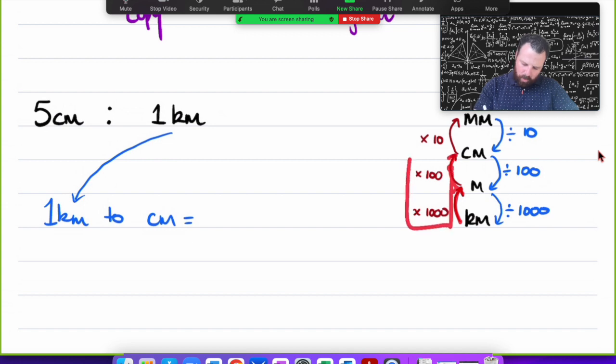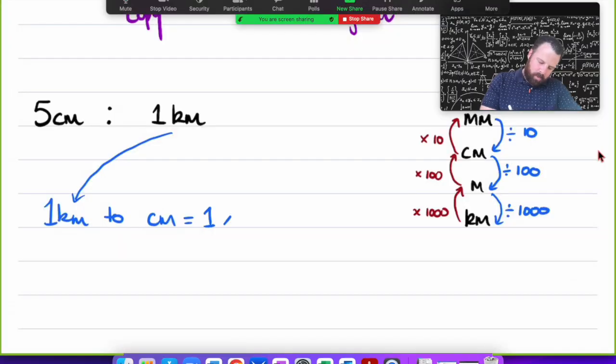I need to do both steps. First I multiply by 1,000, and the next step is multiplying by 100. 1 times 1,000 is 1,000, and 1,000 times 100 is 100,000.